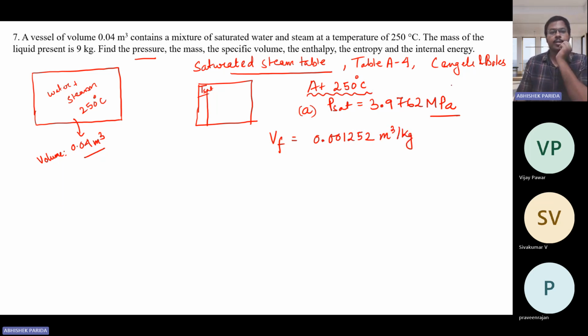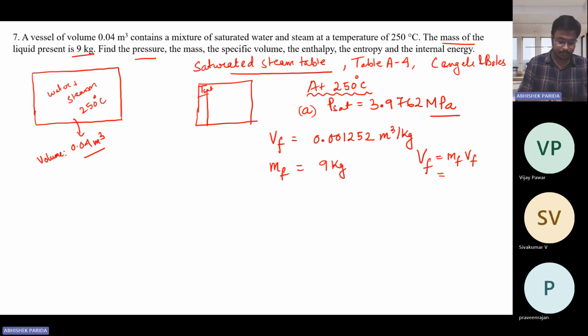And in the question we have been given the mass of the liquid present is 9 kg. So we have mass mf is 9 kg. So can we calculate total volume is equal to mf into vf, total volume acquired by the liquid fraction. So let's calculate that.